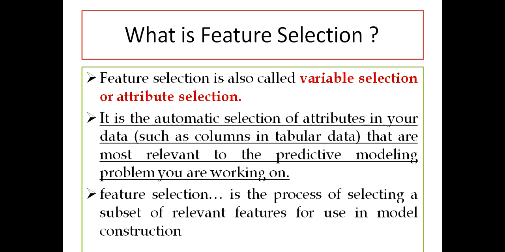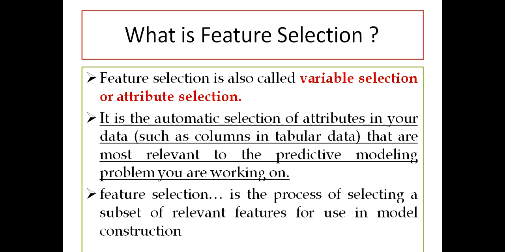I am defining it again: it is the automatic selection of attributes in your data, like columns in tabular data, that are most relevant to the predictive modeling problem you are working on.